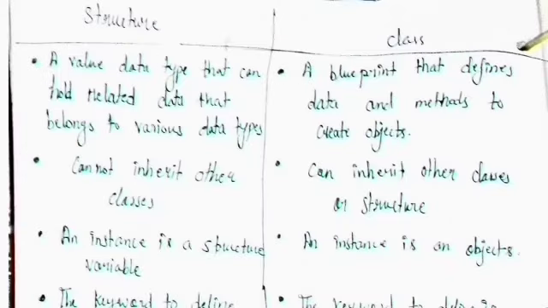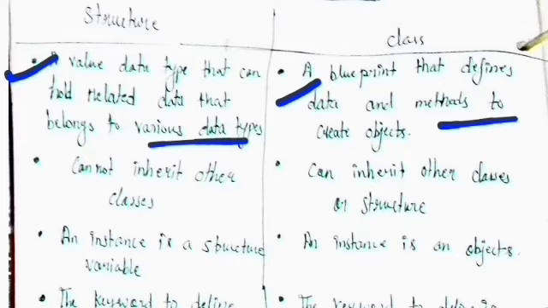Now, what is the difference between structure and class, that is, structure versus class? The first point: a structure is a value data type that can hold related data belonging to various data types. But a class is a blueprint that defines data and methods to create an object.